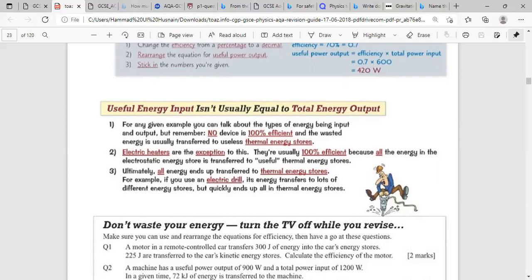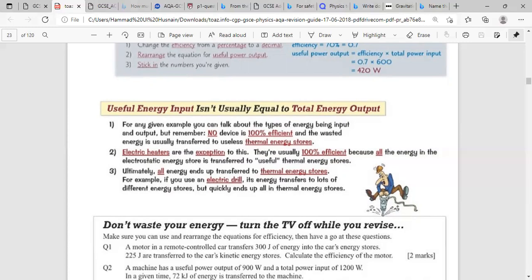No device can ever be 100% efficient. There will always be certain energy losses, and most of the time these energy losses are in the form of heat or thermal energy. Like I have given you the example of a bulb, a tube light or an electric bulb, how there will be some energy losses in the form of thermal energy.